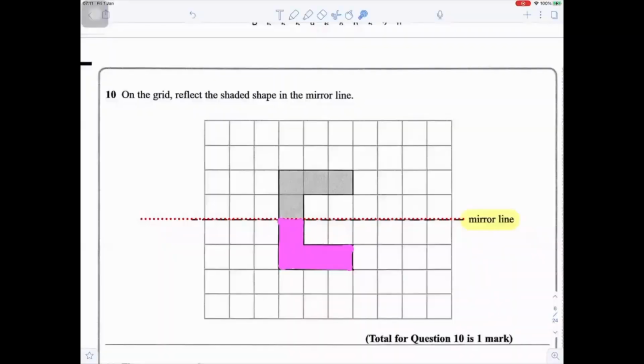On the grid, reflect the shaded shape in the mirror line. So that's the mirror line, and the shape is at the top in gray. When you draw the reflection, it is the one I've put at the bottom in pink. It should be the same size.